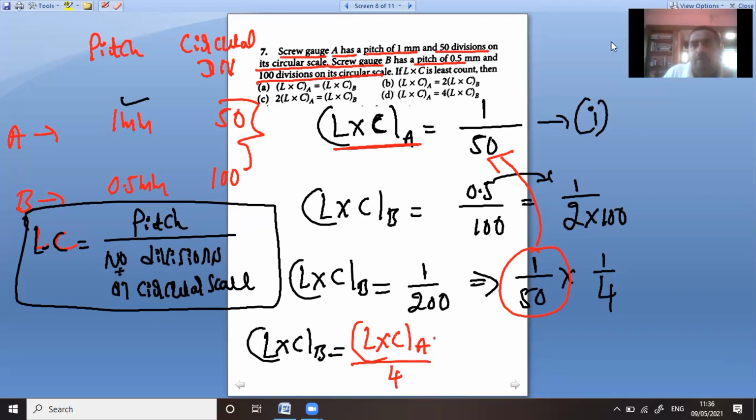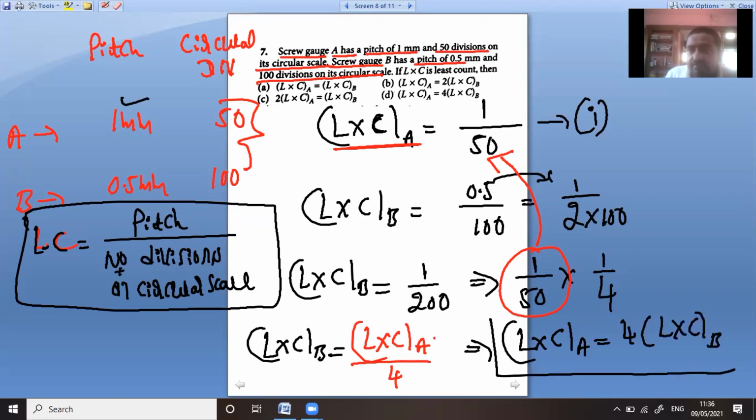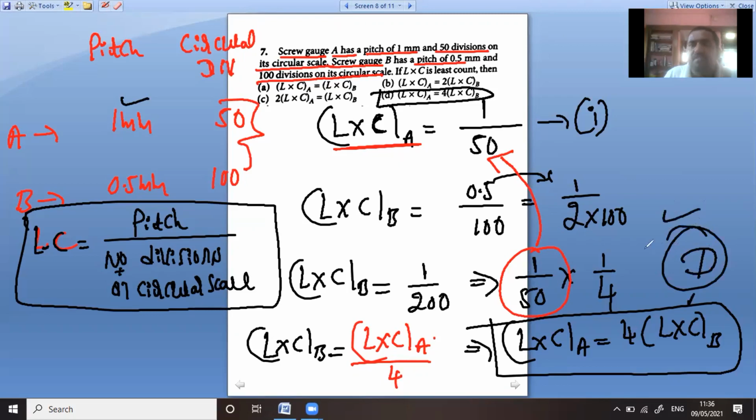Now by cross multiplication, we get the answer: the least count of A is equal to 4 times the least count of B. So which option matches this? Option D is the matching, so option D is the correct answer.